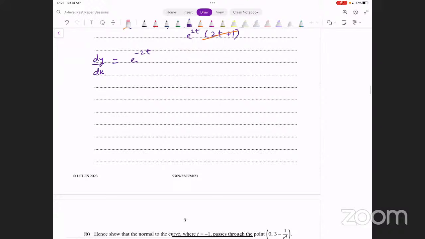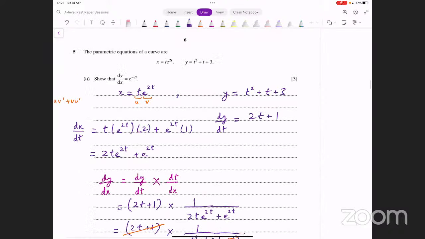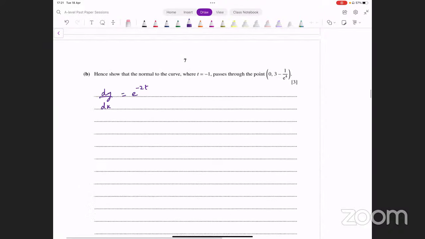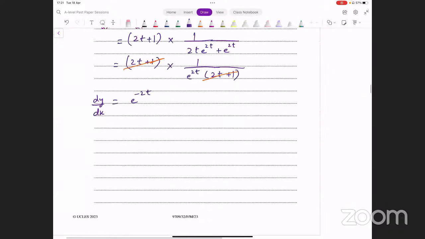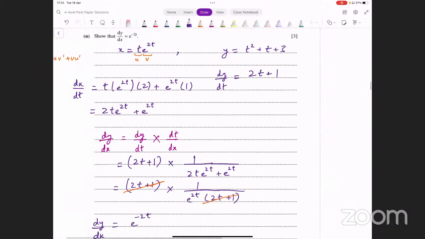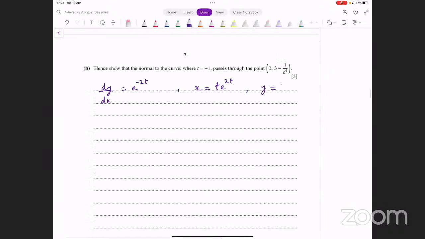ये हमने dy over dx फाइंड किया. x और y भी हमें पता है. उसने कहा x is equal to t e raised to power 2t and y is equal to t square plus t plus 3. Now what they've given us, when t is equal to minus 1, we have to show that the normal to the curve passes through this point.